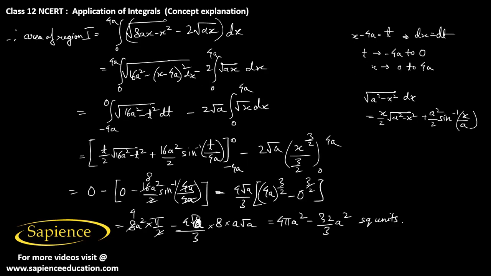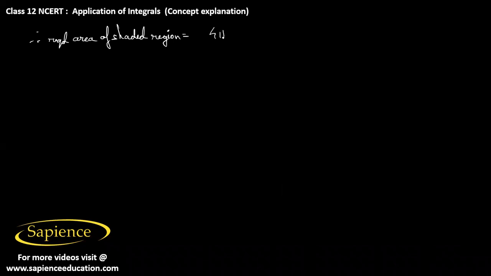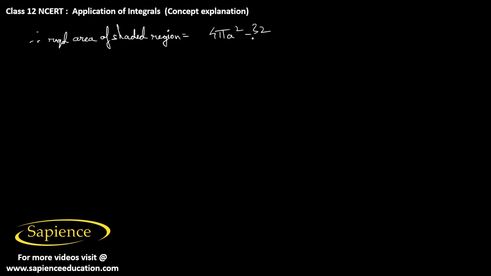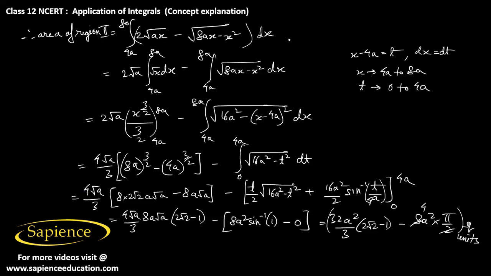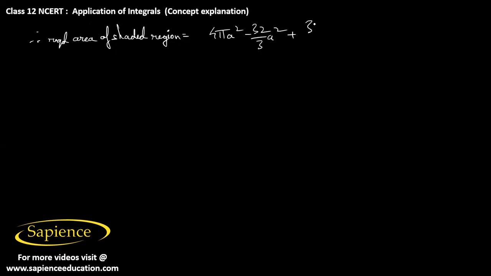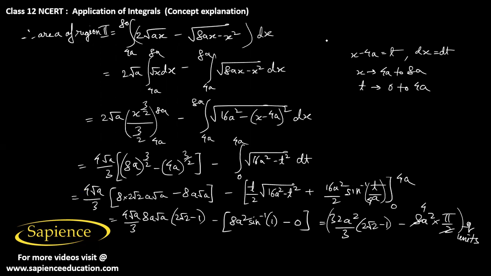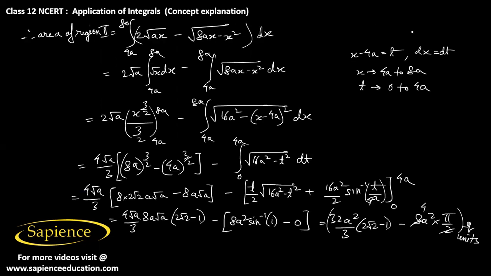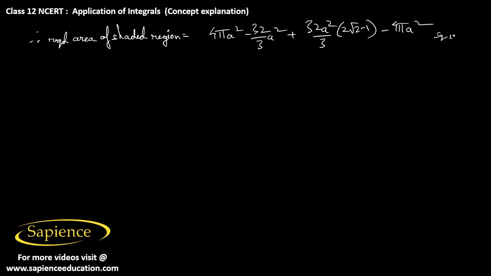So therefore, the required area of the shaded region will be equal to 4 pi a² minus 32 by 3 a², then plus 32a² by 3 into 2 root 2 minus 1, then minus 4 pi a². So this much square units obviously.